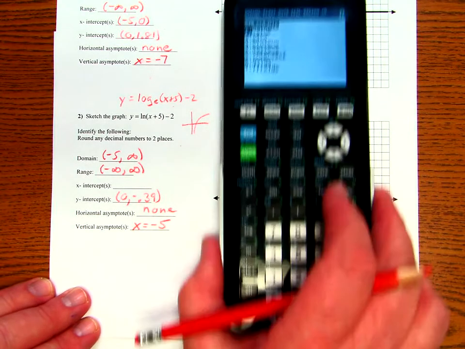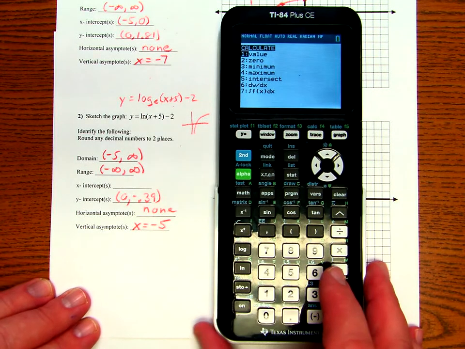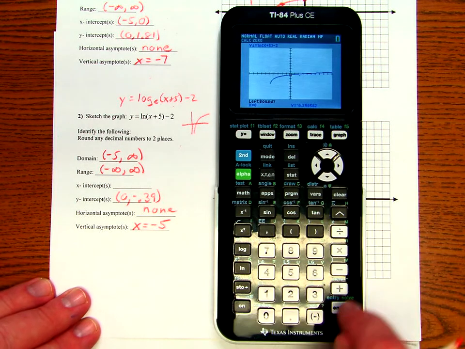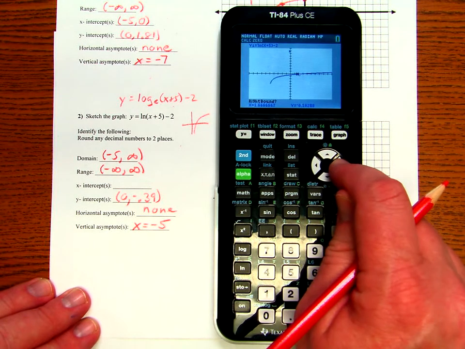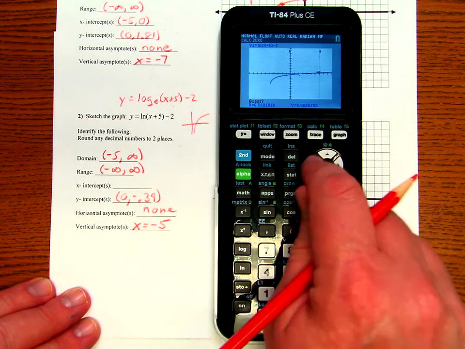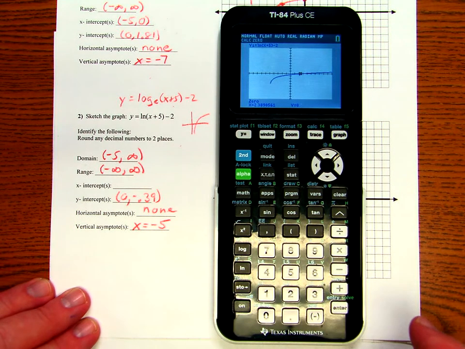In order to get the x-intercept, I'm going to use the 0 feature. Do the left bound, right bound guess. And we're about 2.39.